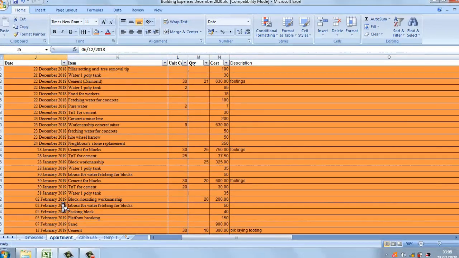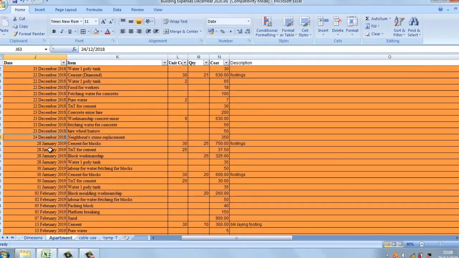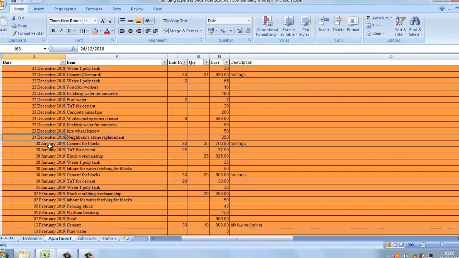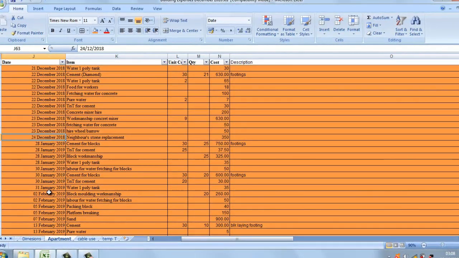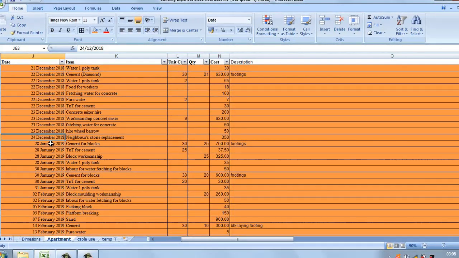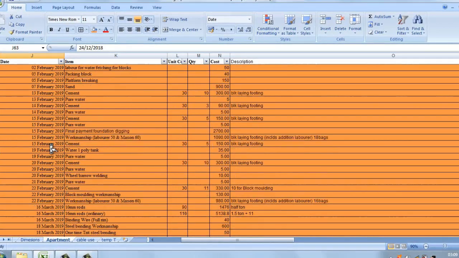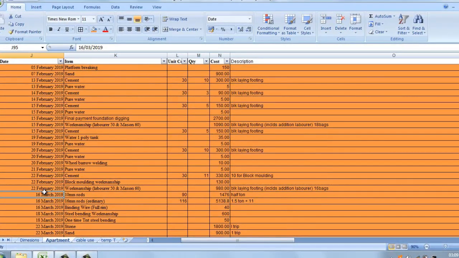Then we continued in January. So from January we worked all the way up roughly every month. You notice that once the money finishes for the month, we go on a break and then we come back to continue. So we work throughout.